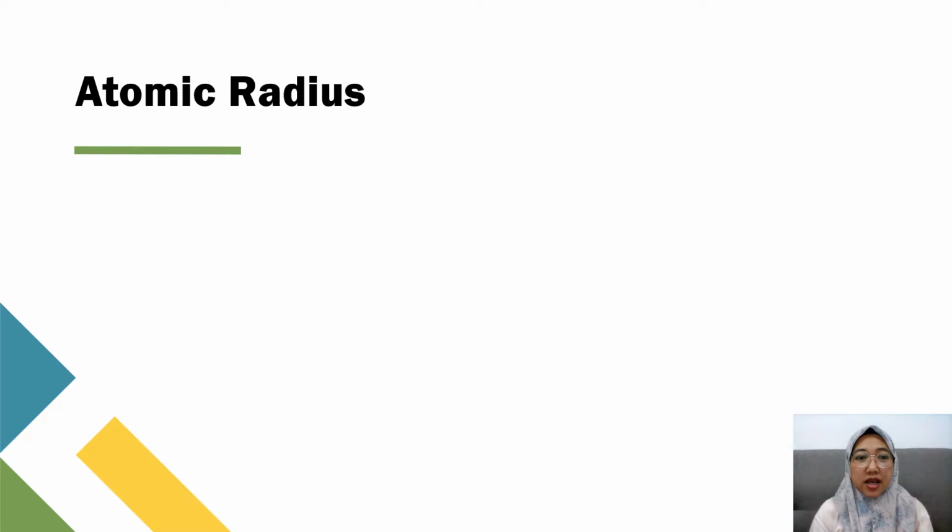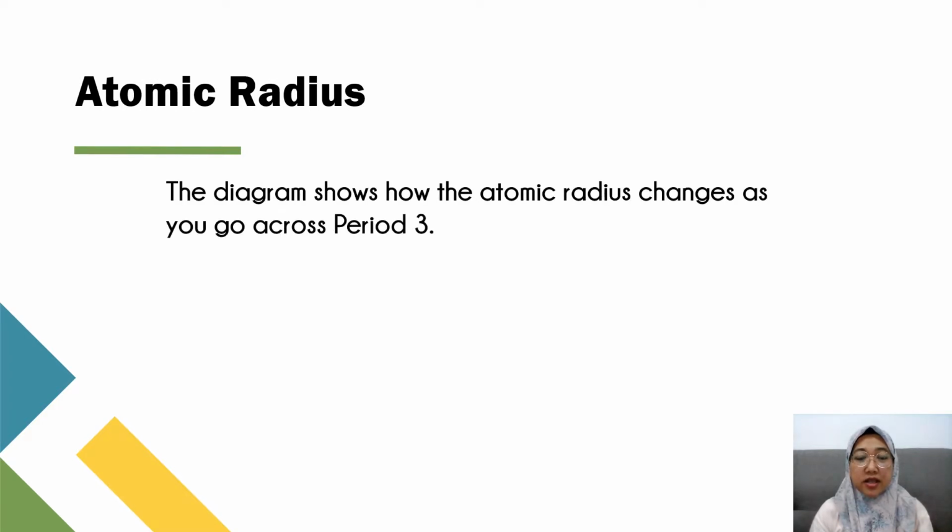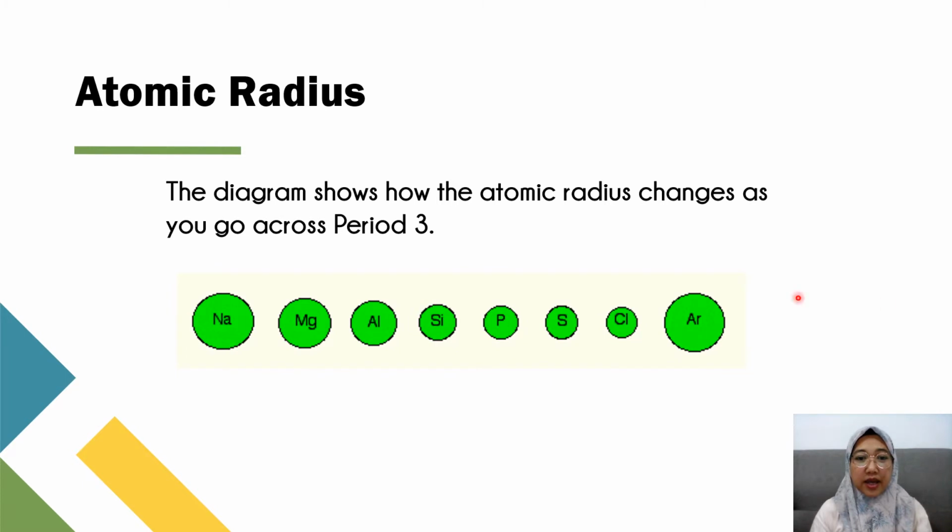First, atomic radius. The diagram shows how the atomic radius changes as you go across period 3. Okay, here we have elements in period 3: sodium, magnesium, aluminium, silicon, phosphorus, sulfur, chlorine, and argon.